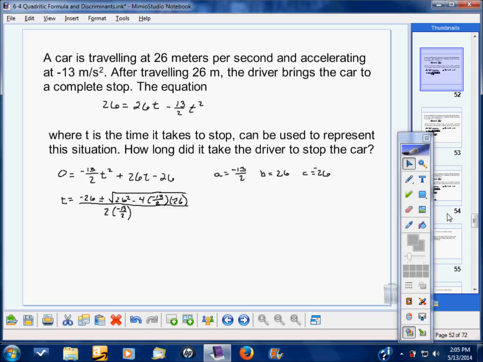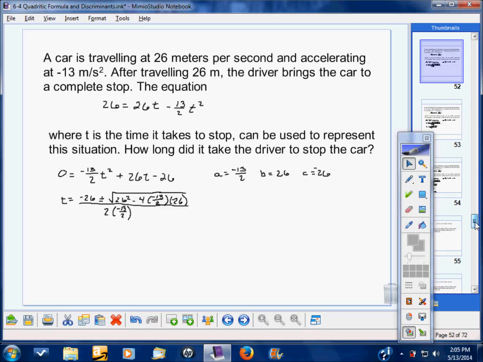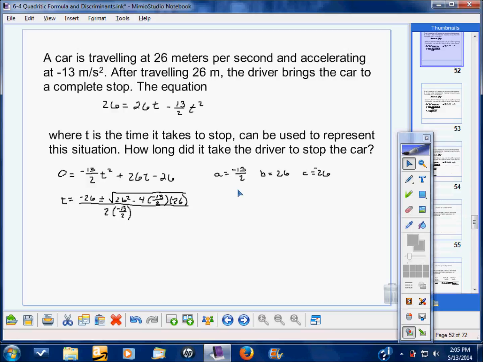It is kind of crunched in there, but all of the parts are there. Even if you're having trouble reading the handwriting, if you've identified A, B, and C, you're plugging it into the quadratic formula. So this is B, this is B squared, minus 4, there's your A, there's your C, and there's the denominator.